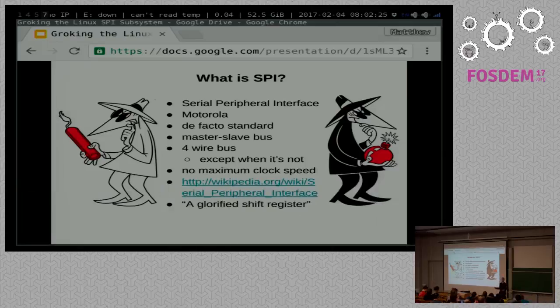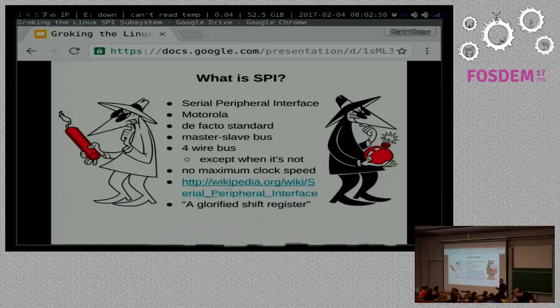4-wire sounds like the easy case. Everybody talks about the standard case, but there's a few others. We'll get into those a little bit. Options where you don't need to use all the wires and so forth, or use more. So there's no maximum clock speed. Obviously, there's practical limits that chips run into.